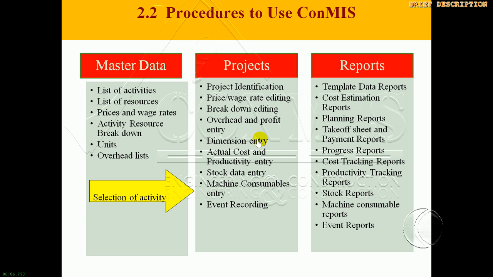With this data entry, you can also generate progress reports, which is the financial progress report. For cost and productivity tracking, you have to do a rigorous daily data entry of resource consumptions, material uses, labor employed and machines employed, with their price and wage rate. After you have typed all this data, you can generate the cost and productivity tracking report.